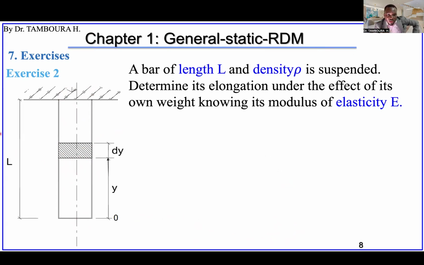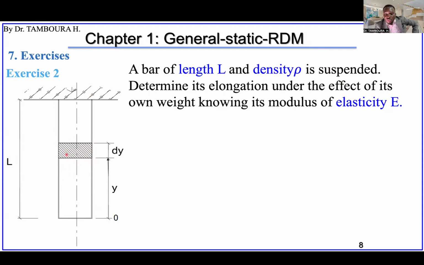The length is L, or the height if you want. And the density, the unit weight if you want, the mass unit weight of this element is rho here. The bar is suspended like this, and it will be subjected to its own weight.